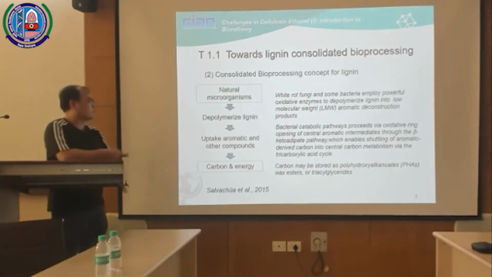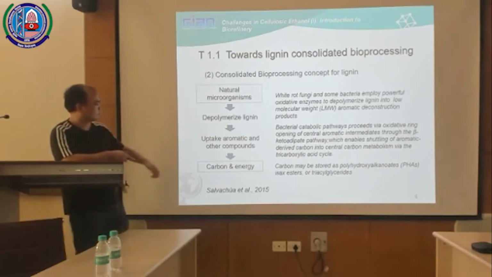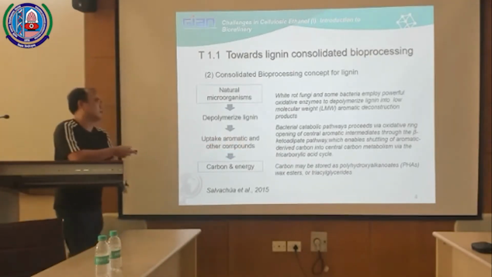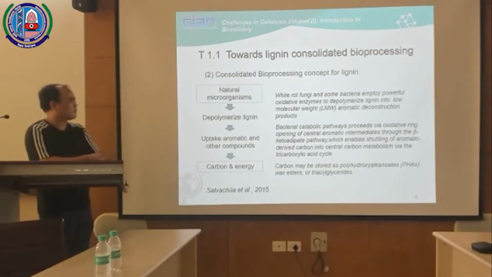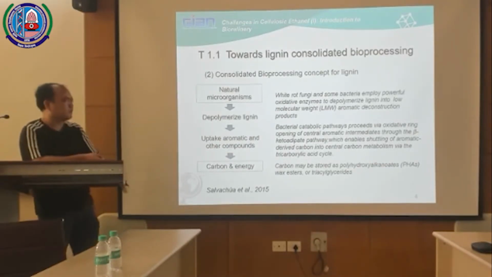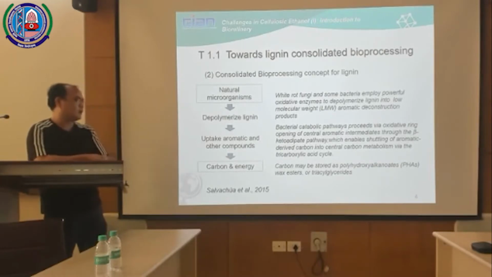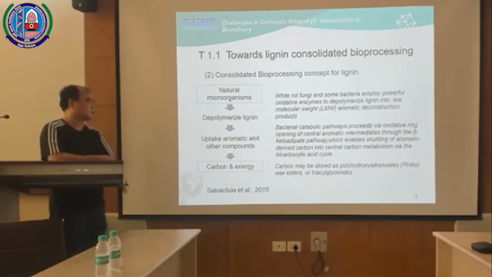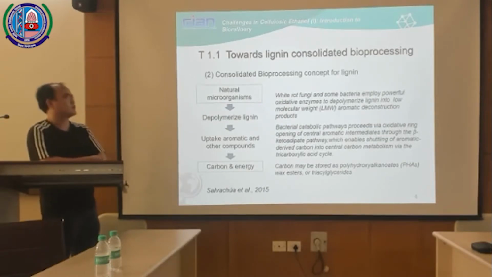Then we use another microbe to take up all of these organic compounds and produce carbon in the form of PHA, wax esters, and other useful compounds. It can also produce energy from this process.